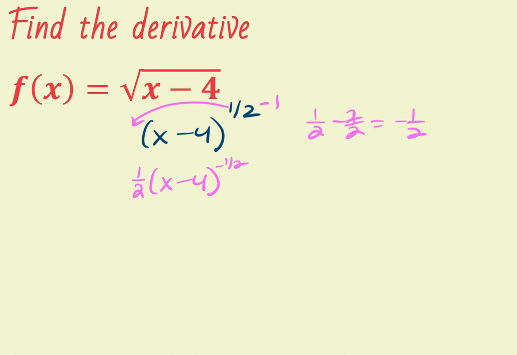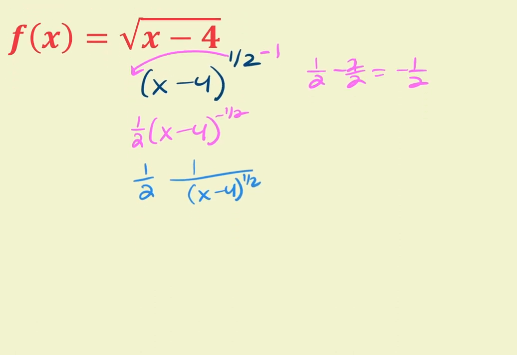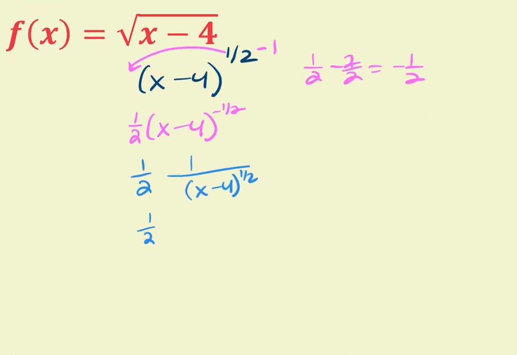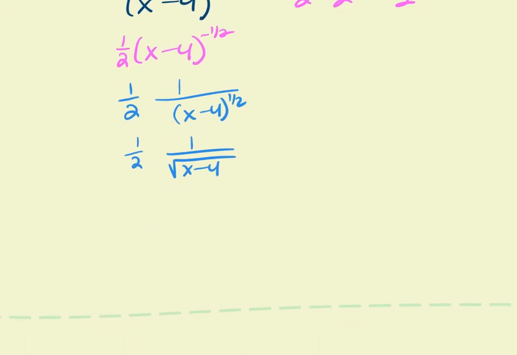So the exponent on the x minus 4 is negative 1/2. The negative brings it back down to the bottom, so I can make this 1 over. And an exponent that's a half is the same thing as the square root. And then we just combine these together: 1 over 2 times the square root of x minus 4.